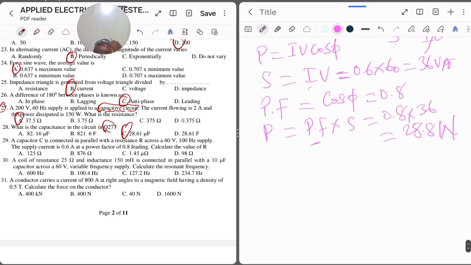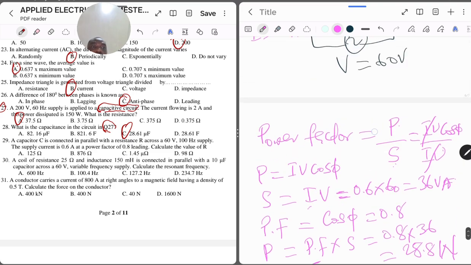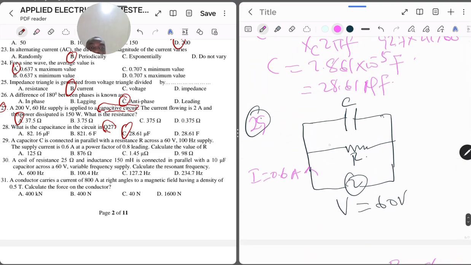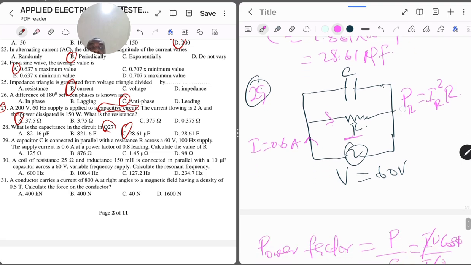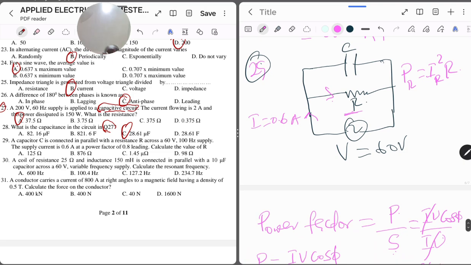Now that we've gotten the power, again, we are still interested in the resistance. Because we know, when you come to this same circuit here, the power dissipated by the resistor R is going to be the current passing through the resistor squared times its resistance.